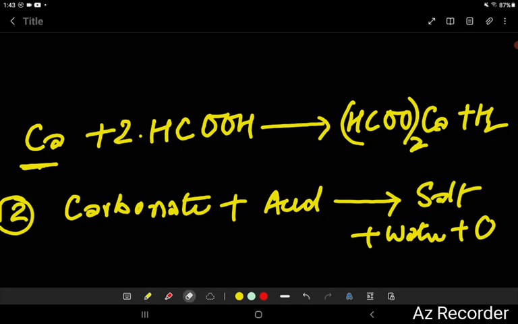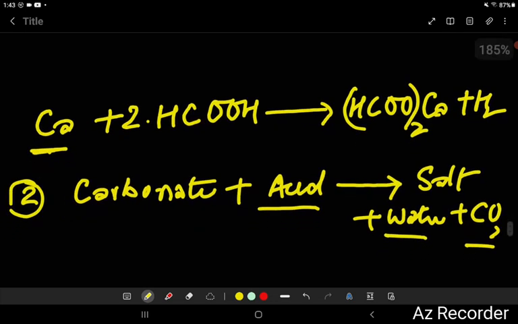The salt will depend upon the acid. If you are taking hydrochloric acid, definitely you will get the chloride salt, and water and carbon dioxide are common.